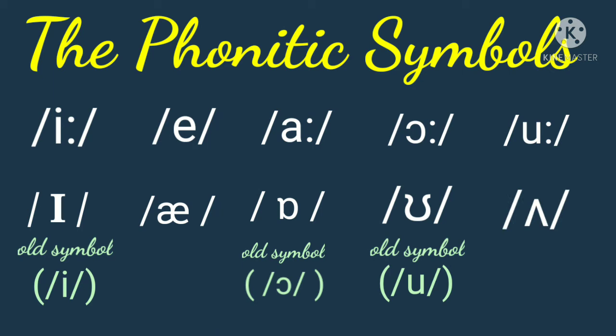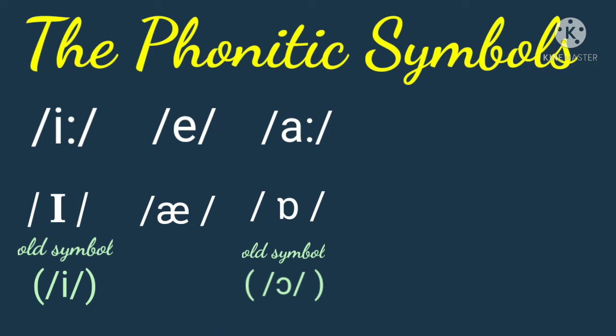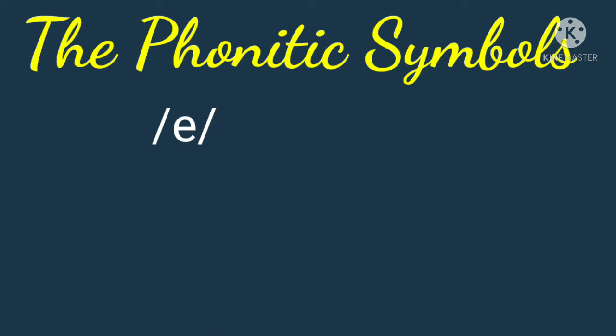Next one, we don't have the same sound in our mother tongue. The symbol used is like this. Just write number 3. After that you put 2 dots to indicate that it is a long vowel.